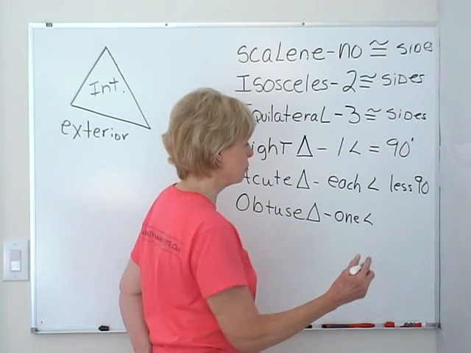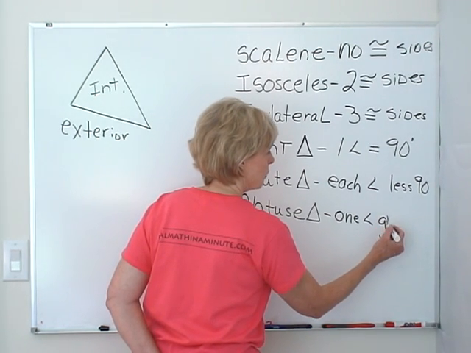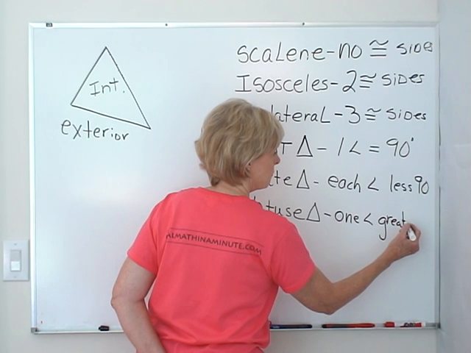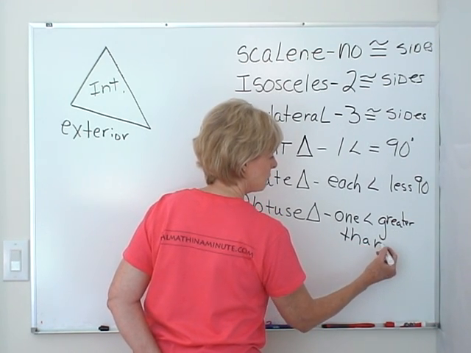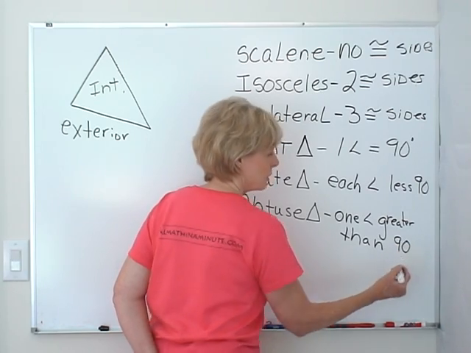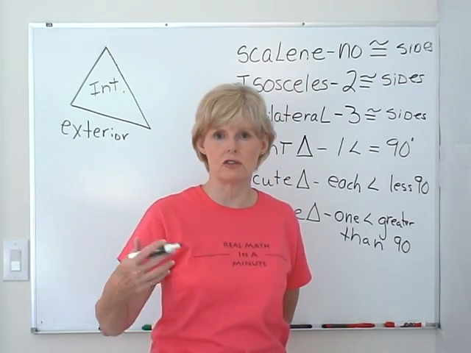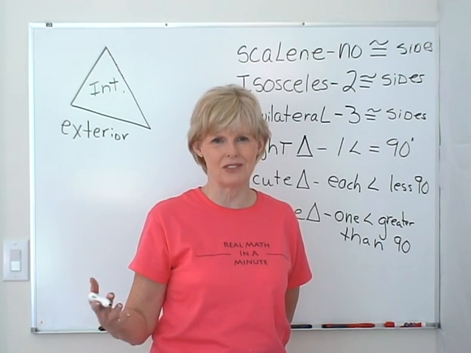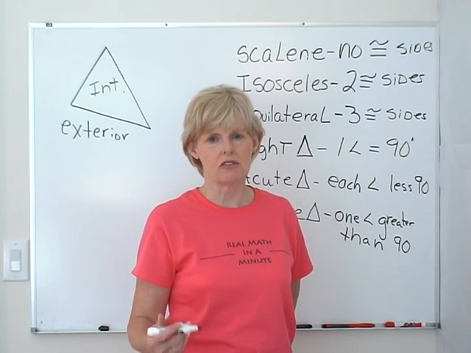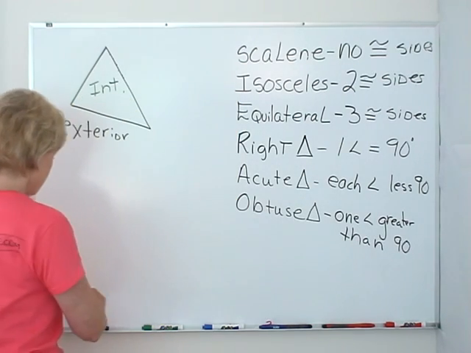So one angle is greater than 90 degrees. And we'll run into this terminology occasionally as we go, and it's very crucial to know what it means each and every time. So let's look at some examples.